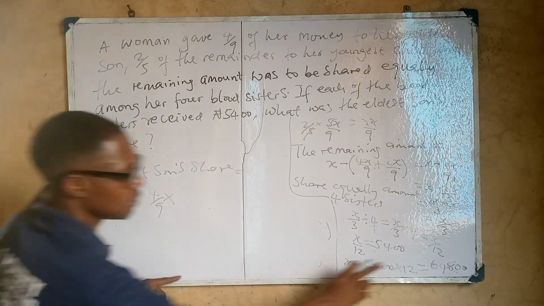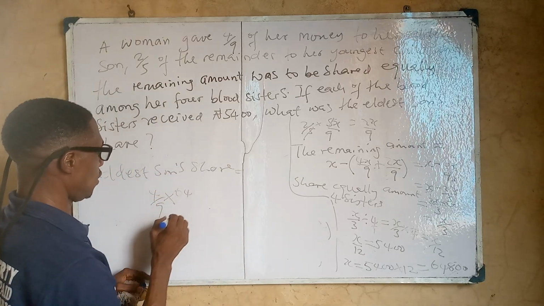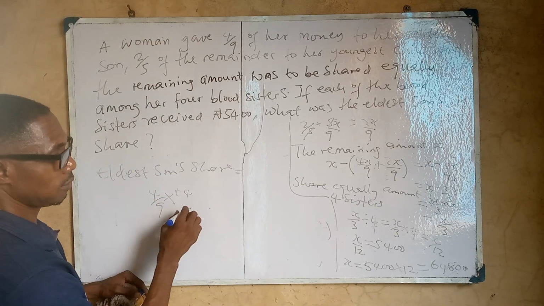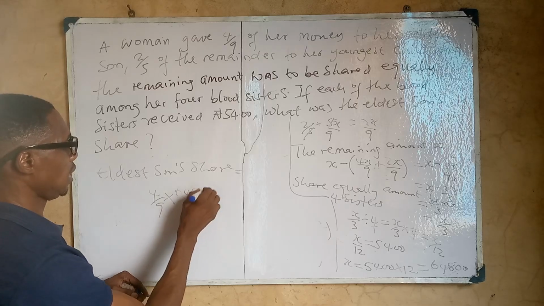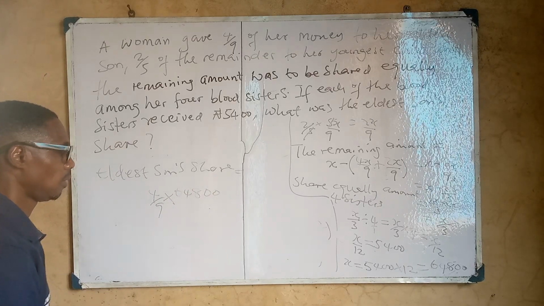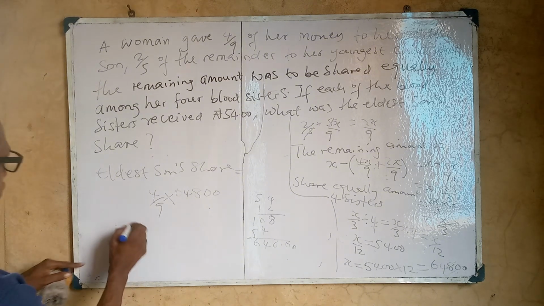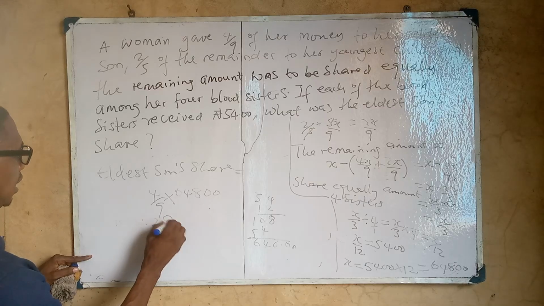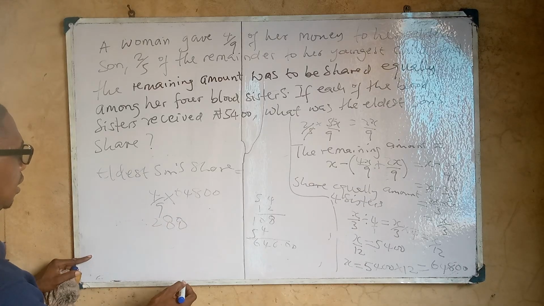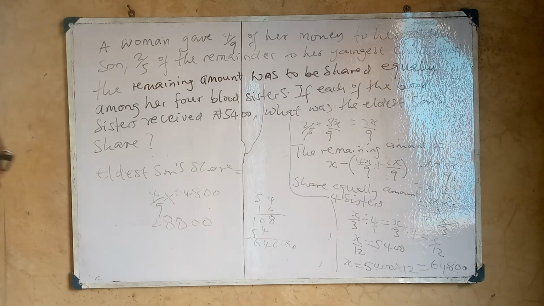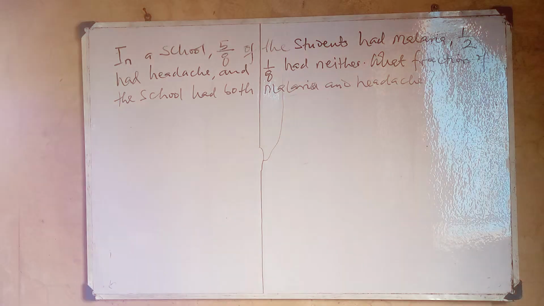So that x is this, 64,800. Yes. Multiply this with 4 and divide it by 9. That will give us the amount, 28,800. Yes, can confirm that.